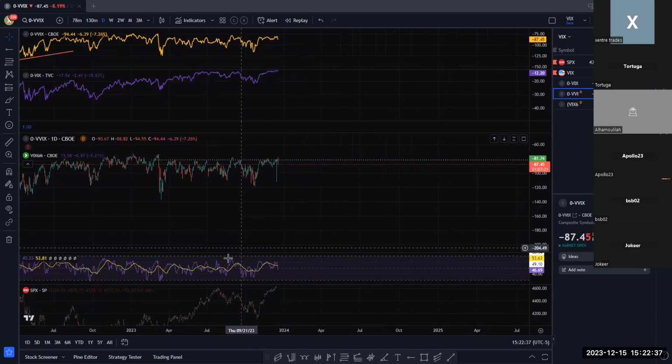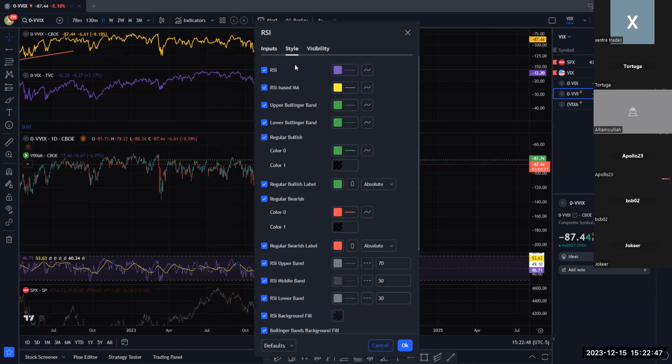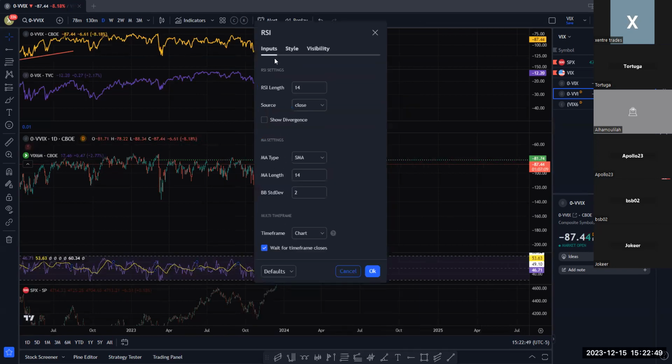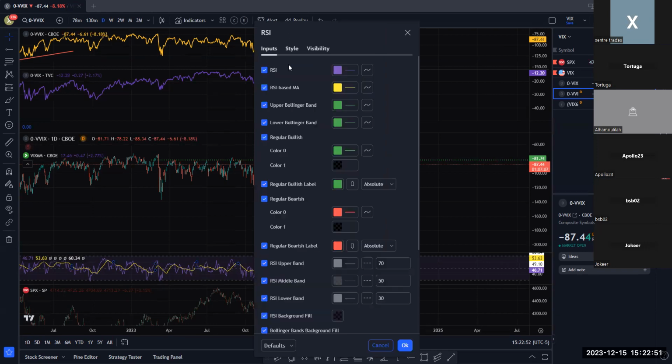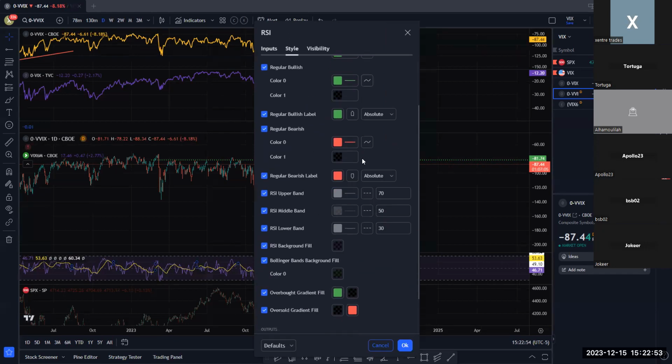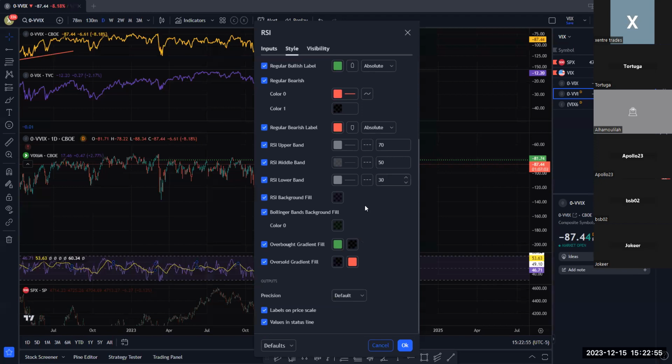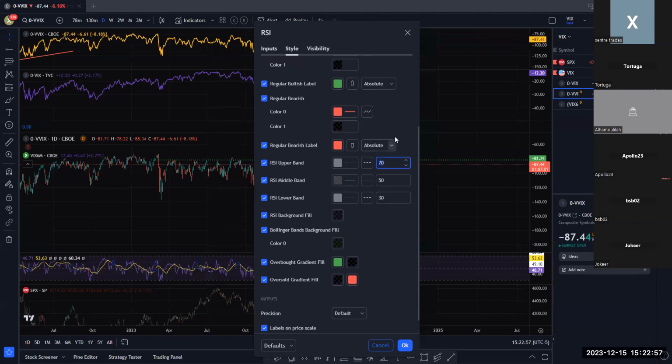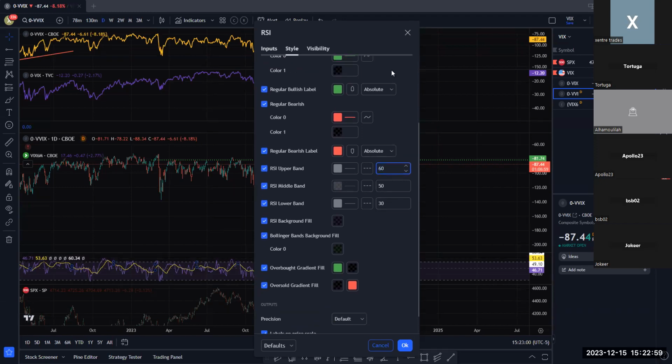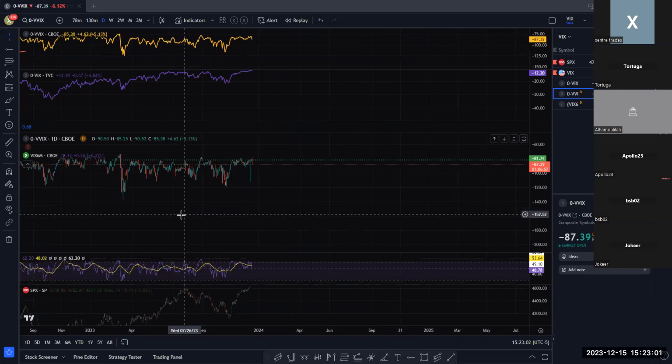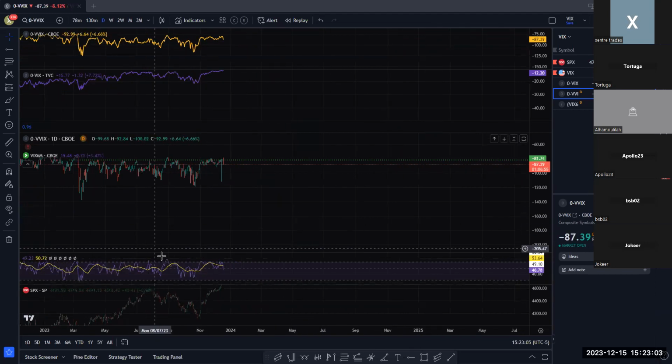This is the RSI, and you can see that these are also very easy to read. Like, what is this, 60? Yeah, 60. You can see that every time it gets here, it makes it drop, and vice versa with both.